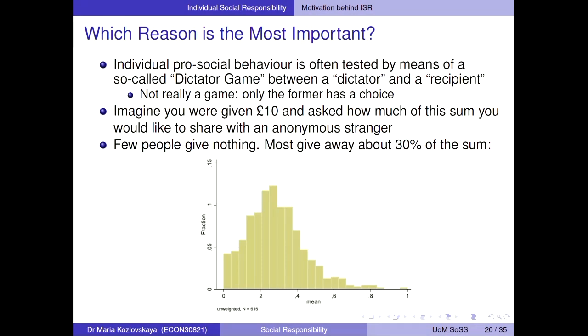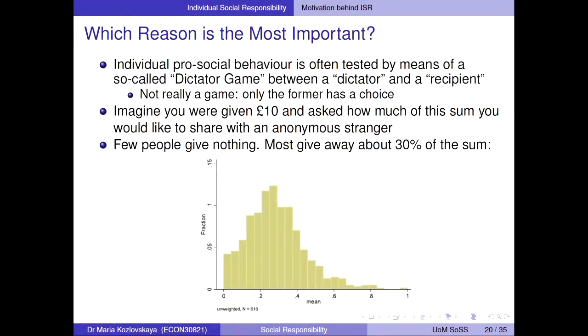We give half of the participants £10 each in this experimental laboratory, and then they're matched anonymously with another half, so each person with 10 quid, called a dictator, is matched with the recipient, and then they decide how much out of this 10 quid to give away. You would think it's anonymous, so it would be pure altruism behind the giving, but as we will see in the next slide, it's not quite as simple.